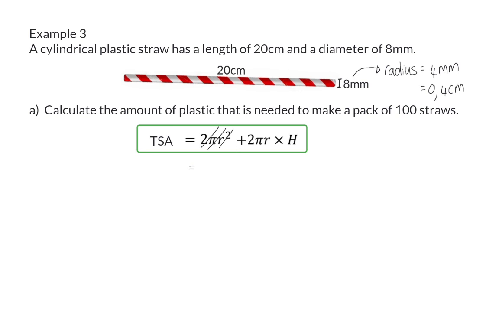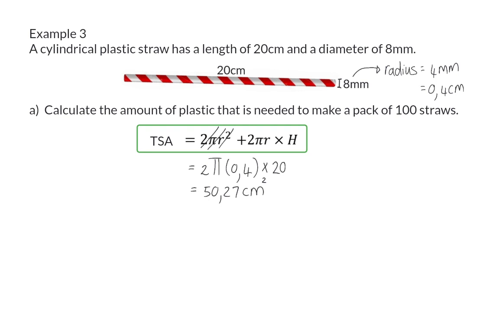So we are going to calculate the circumference of the circle, which is 2 times pi times the radius of 0,4 centimeters, and then multiply that by the distance between the two circles, which in this case is the length of the straw, and that is 20 centimeters. This means to make one such a straw, you will need 50,27 centimeters squared of the plastic.